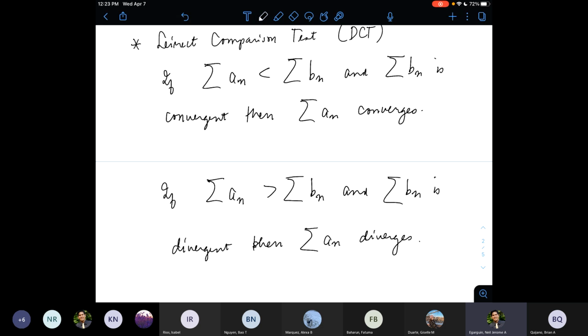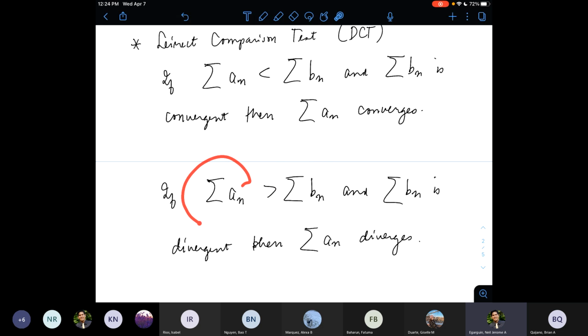All right. But unfortunately, this is the farthest that we can go. For the other cases, we don't have any conclusion, right? So you can only conclude that your given series is convergent if it is smaller than a convergent series. If your testing series is divergent, then all we know is that this would be smaller than a divergent series, then there's no conclusion to be made. You need to try another test. In the same manner, if your given series is larger than a divergent series, for sure, this will diverge.